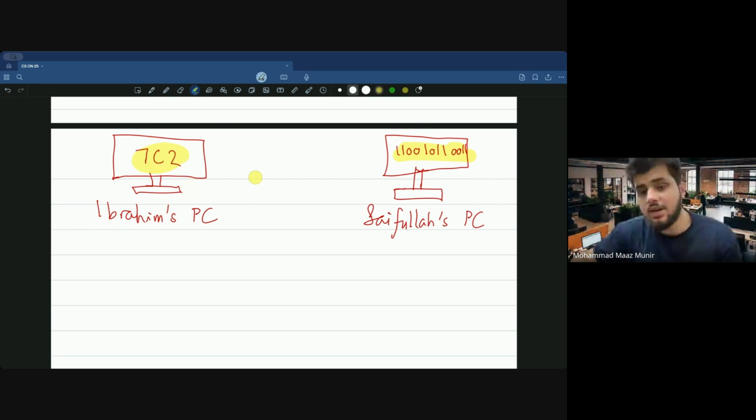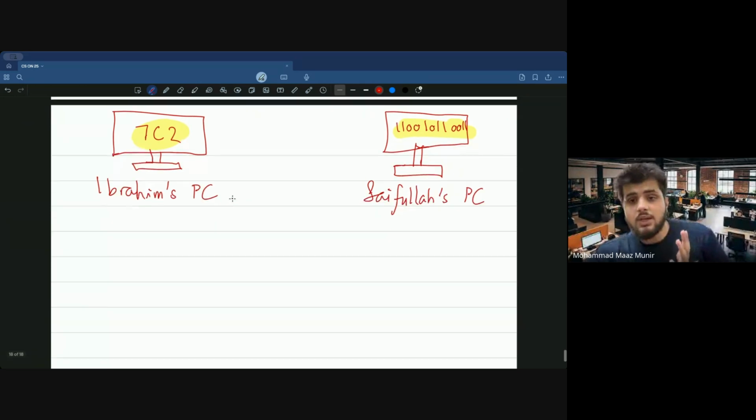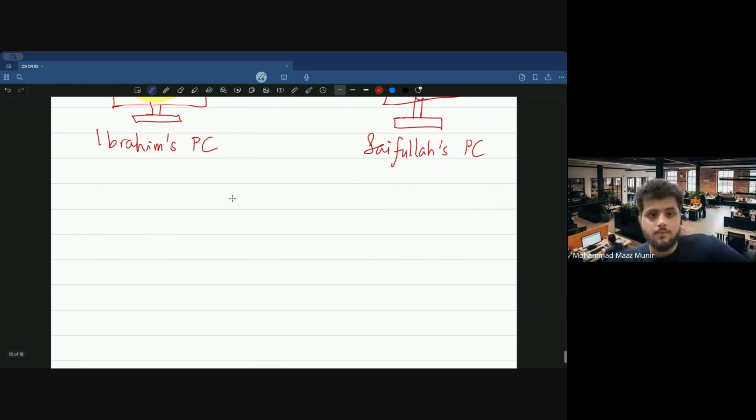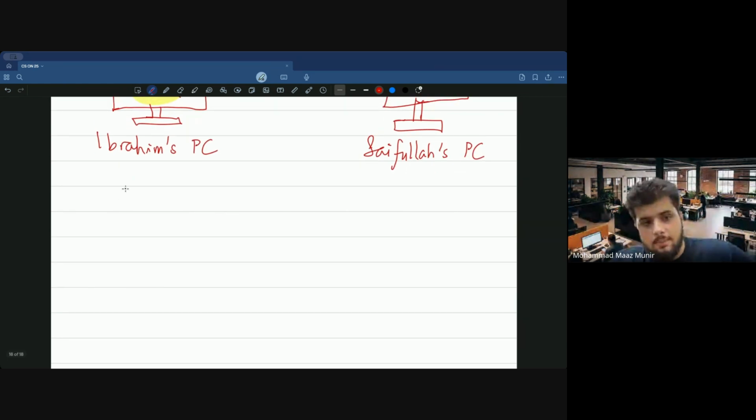Now what happens? You guys don't have a phone, you don't have paper, you don't have anything to write it on. But you both know that you're going to memorize the error, and then maybe come to me, the technician, and ask me how to fix this problem. So Ibrahim memorizes that the error was 7C2.